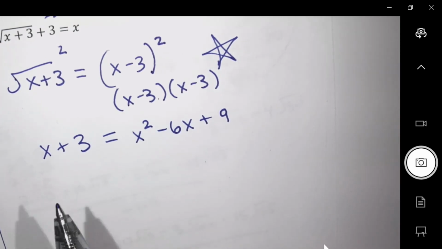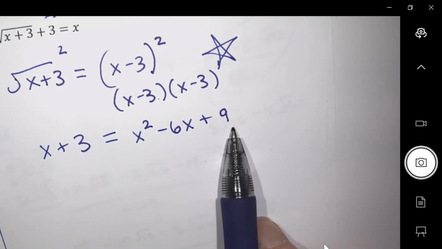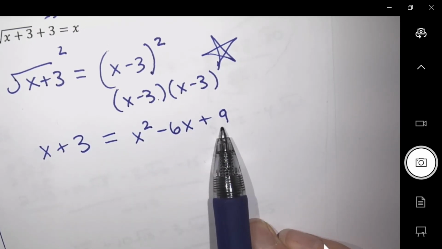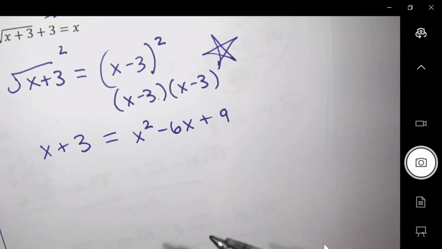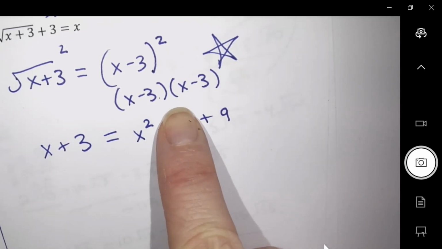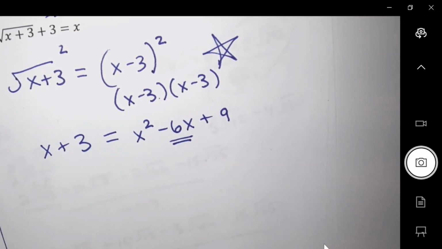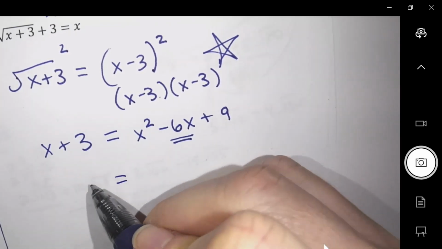Okay, so squaring the square root, that's just a cancel. Squaring a binomial, you get a trinomial. So that's what people are missing out on. I get that all the time because they just square each thing individually. It's not squaring individuals. Okay, what do you do at this stage? Equals 0.